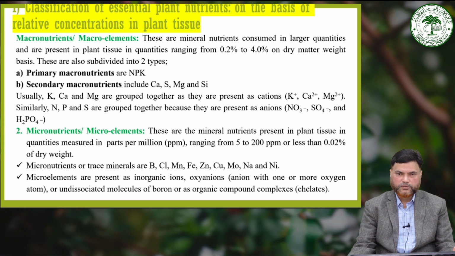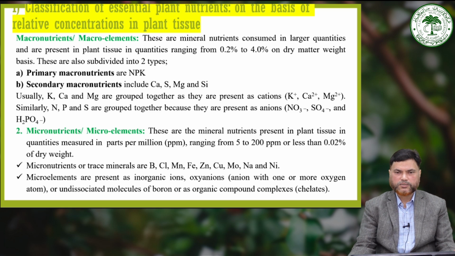Now, moving onward, the next category is micronutrients. You see, they are also referred to as microelements, and these are the mineral nutrients found in the plant tissue in smaller quantities, typically measured in ppm, ranging from 5 to 200 ppm, or less than 0.2% of the dry mass.